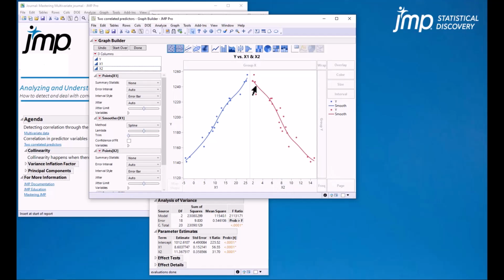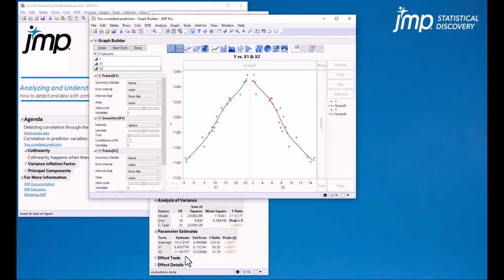And here I see a beautiful, strong relationship, but it's negative. And so why does JMP give me a positive coefficient in the parameter estimates table when the relationship between Y and X2 is obviously negative? And the answer is that these estimates down here, the interpretation of the coefficient of X2 is the effect of X2 given that X1 is in the model.